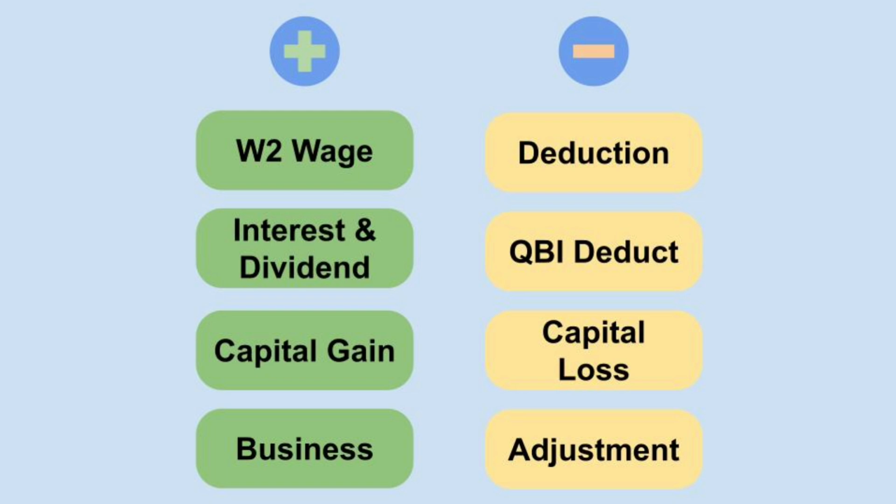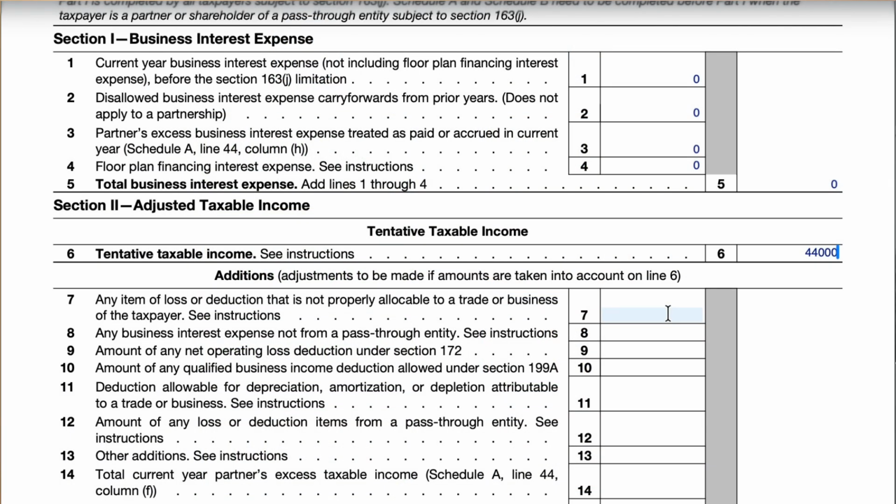All these become your total income. Then you subtract adjustment to income, line 10, and that becomes your AGI, adjusted gross income. Then you further subtract the deductions, including standard or itemized deduction, and then you get your final line 15, taxable income. So the addition is essentially adding some of the deductions back, and the reduction is to subtract your normal income that is not tied to a trade or business.